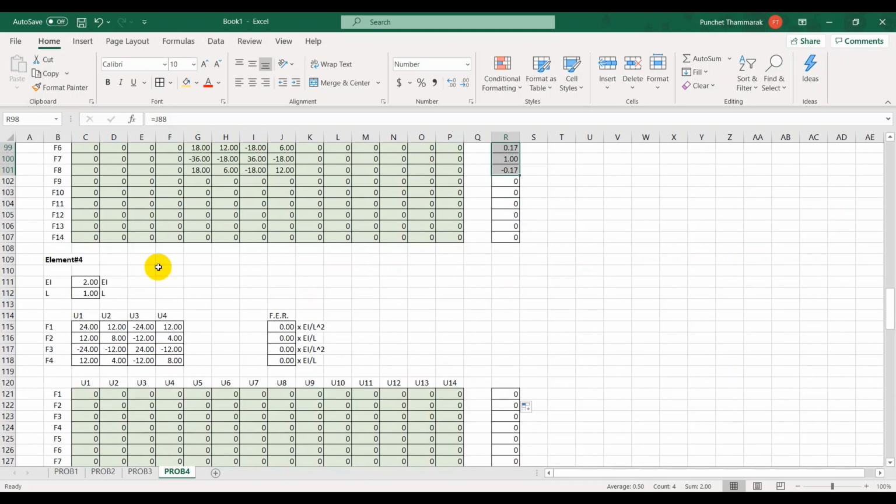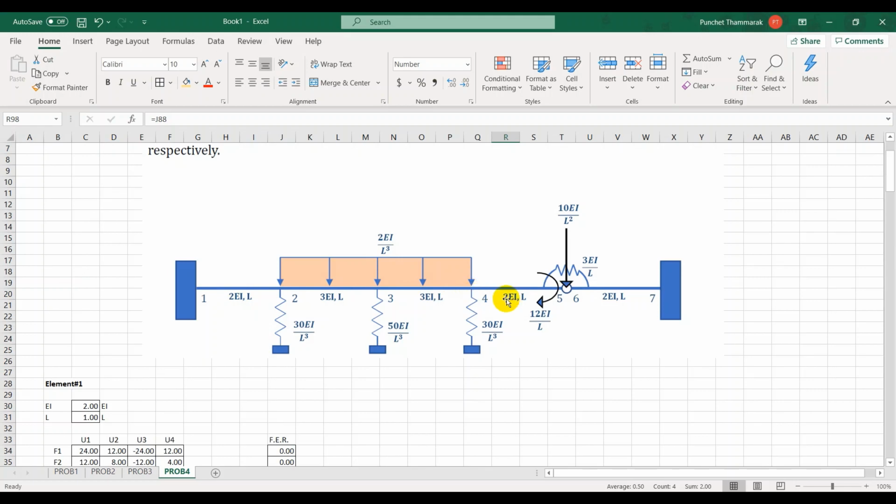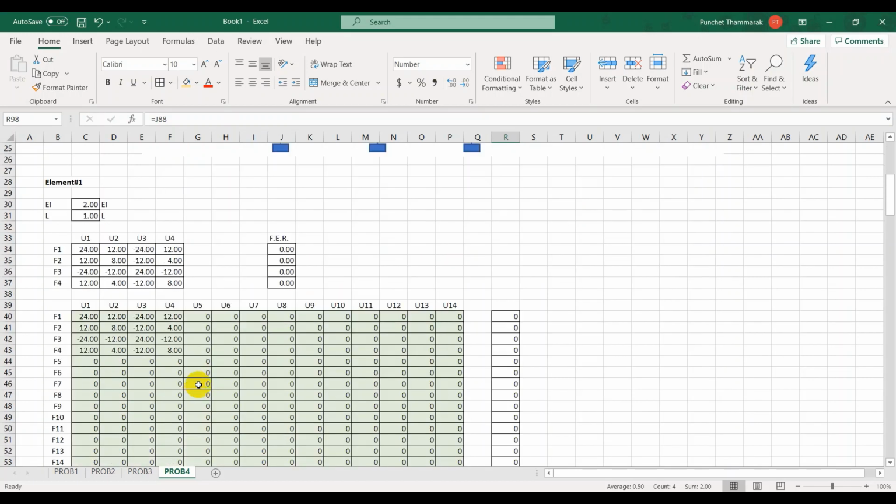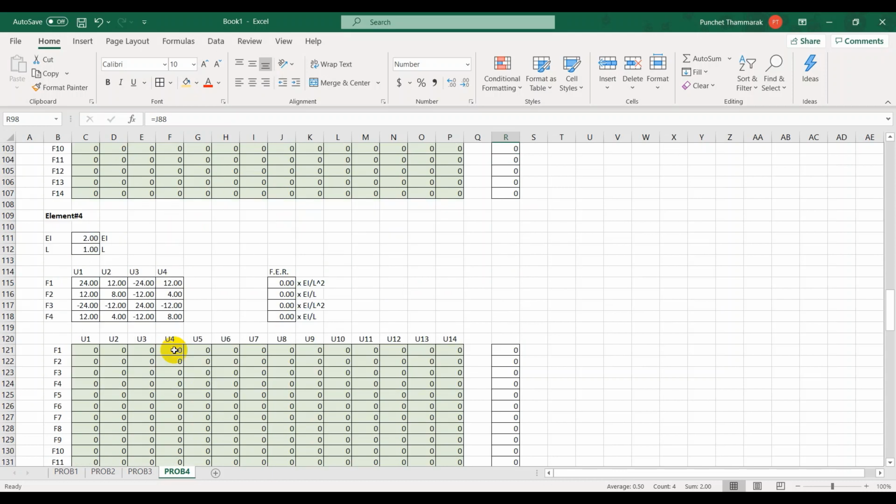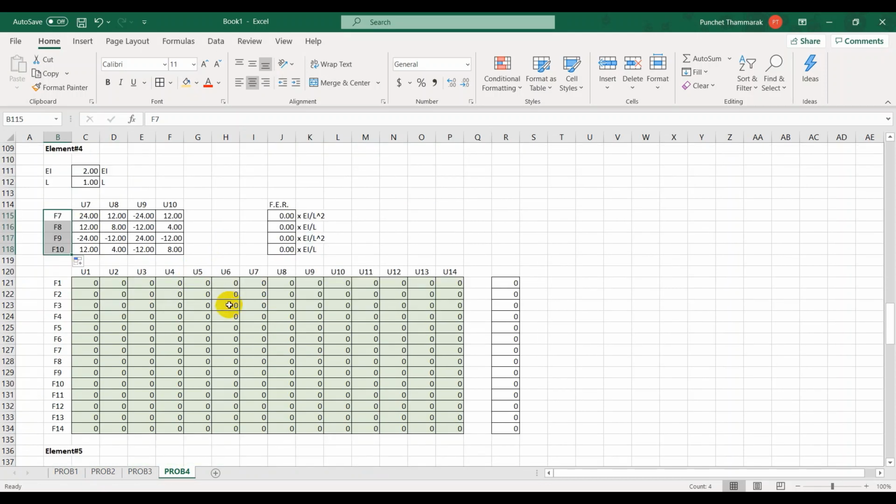Next one, element number 4. So number 4, 1 2 3 4 7 8 9 10. 7 8 9 10, and use 7 8 9 10, and here is, well, okay, then you don't really have to do this.